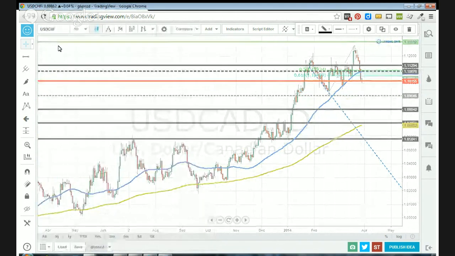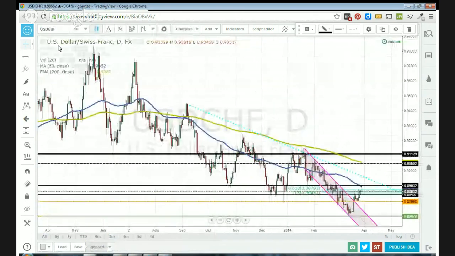Dollar Swiss. Okay. Now this is something that I think is a really interesting opportunity.